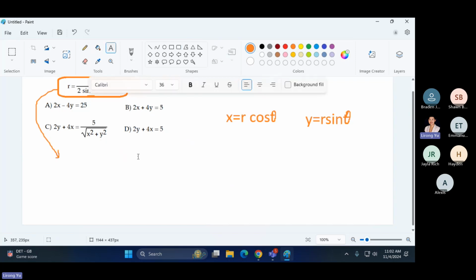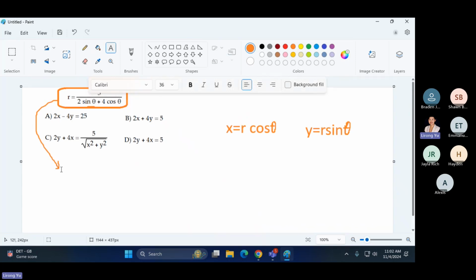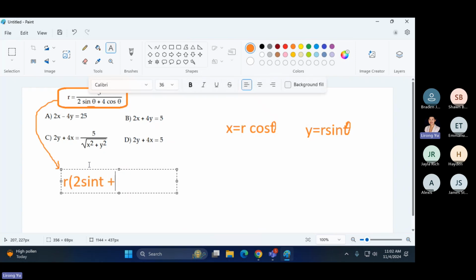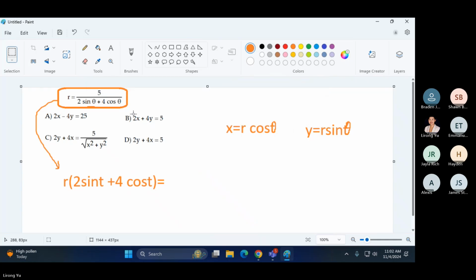We multiply both sides by the denominator, 2 sine plus 4 cosine. So you have r times 2 times sine theta plus 4 times cosine theta, and this is equal to 5. So we get to remove the division relation and replace it by a multiplication relation.